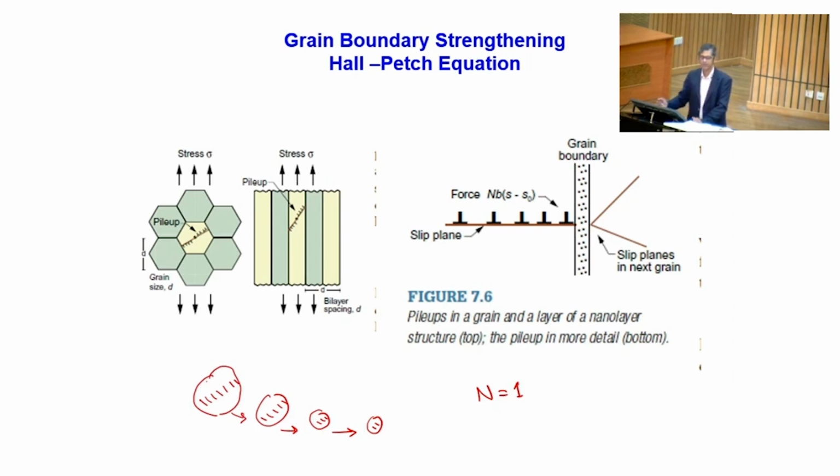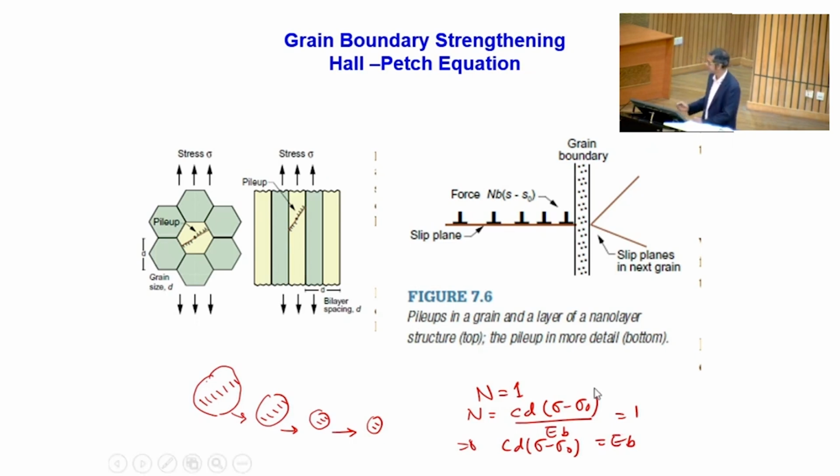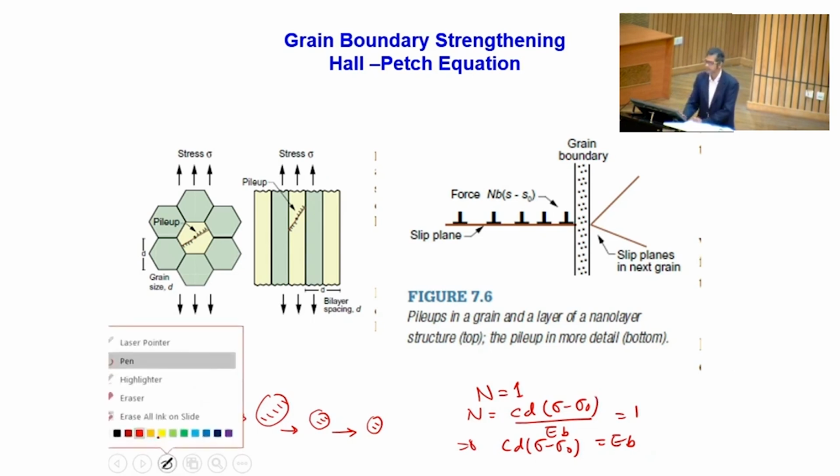Now you know that n is equal to C d (sigma minus sigma 0) divided by E b. That's equal to 1. So I can easily write C d (sigma minus sigma 0) is equal to E b, right? That's one aspect.